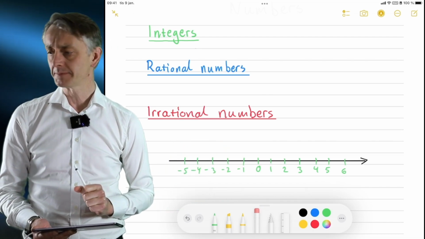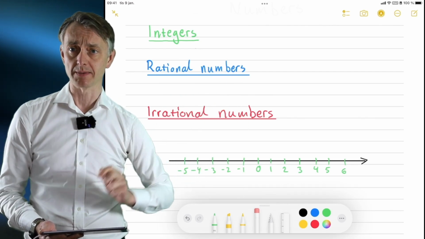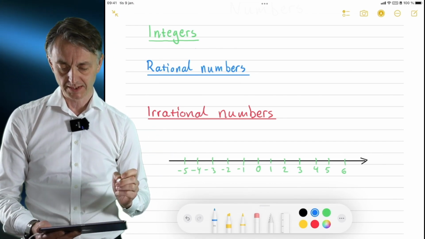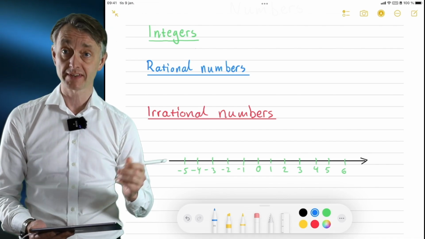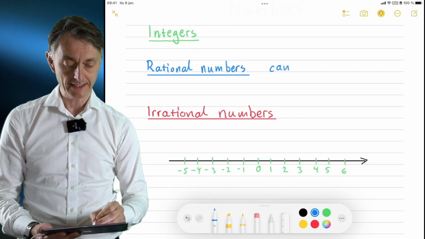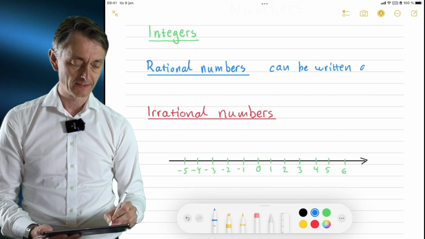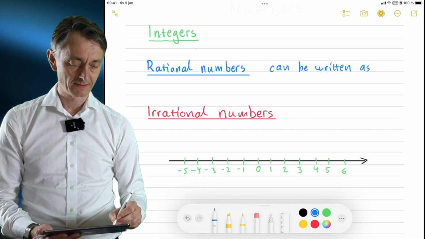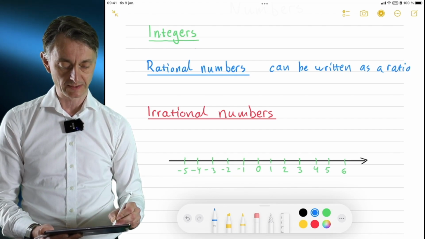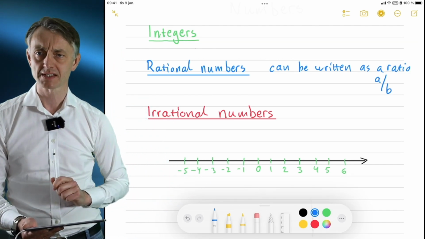So then it might be so that we may use the rational numbers. And what are those? Well, let's have a look. Rational numbers are numbers that can be written as a ratio, for example, A over B. Okay, so let's look at some examples.